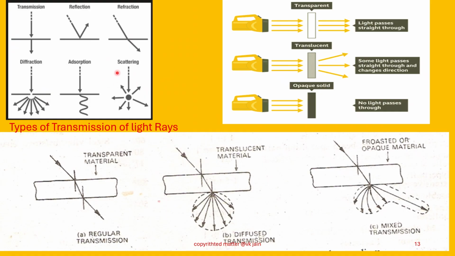Friends, the diagram on the top left provides different types of lighting properties. The first one is transmission, where the ray of light gets through as it is.